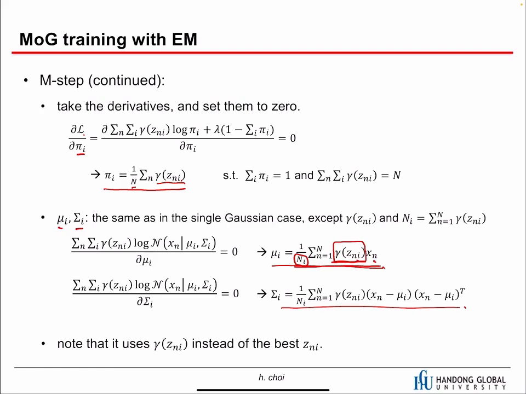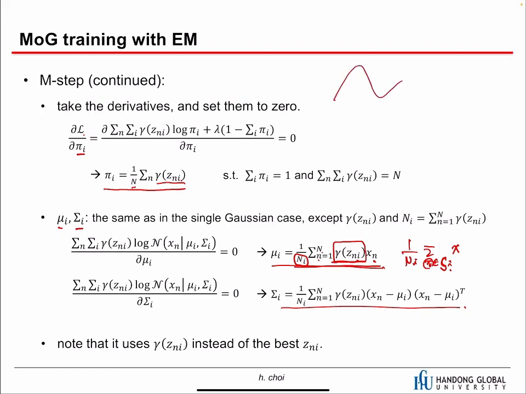In the MLE or in the k-means algorithm, we used n sub i, and x belongs to cluster i, and x. So this is the mean in the k-means algorithm. But in this case, instead of checking the samples in the cluster, we check all the samples from the first to the last, because this is not a hard decision.